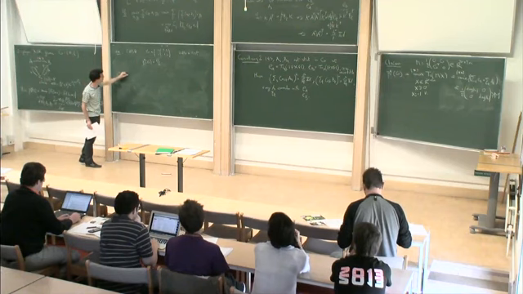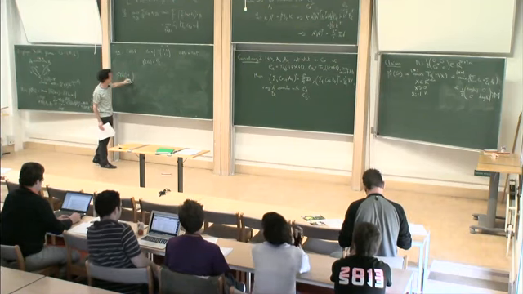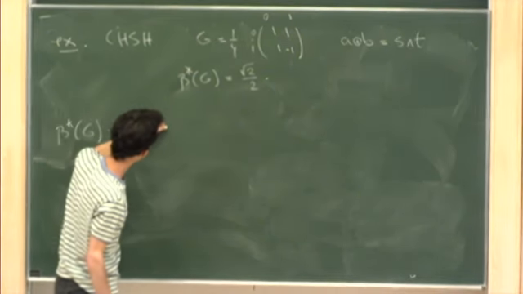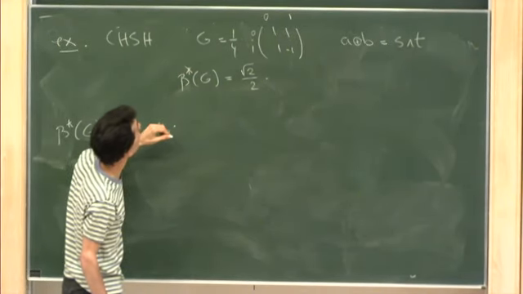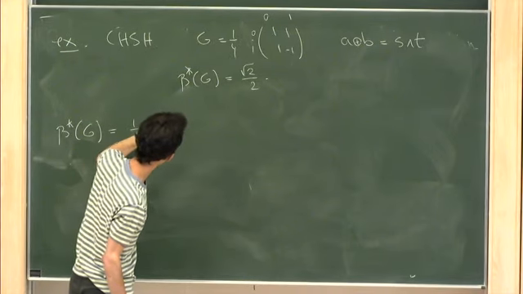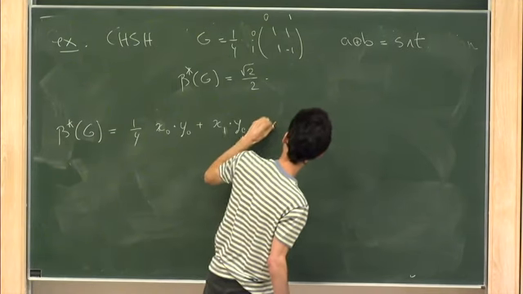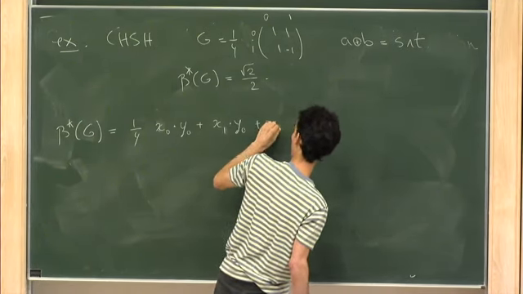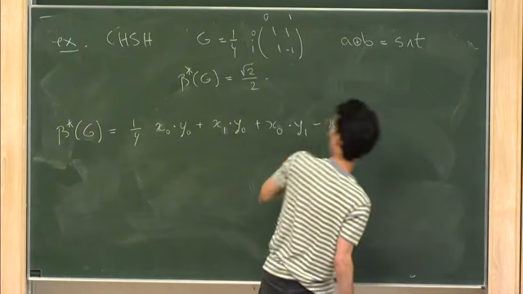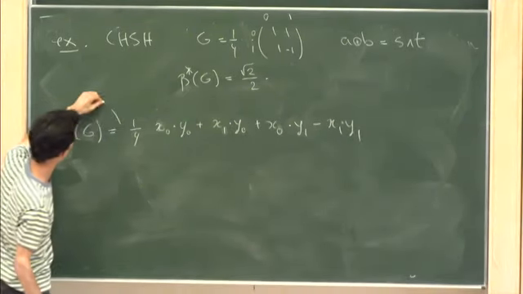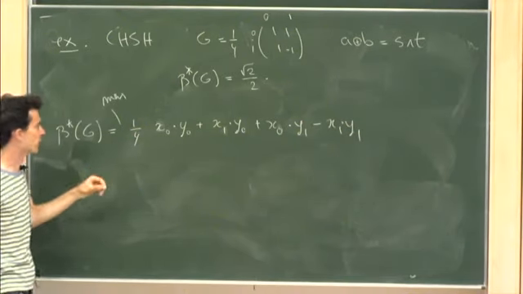So the bias of the game I can rewrite as a quarter. This is just the coefficient here. I sum over all S and T of the coefficient a quarter times the inner products of the vectors, right? So I'll get x0 dot y0 plus x1 dot y0 plus x0 dot y1 minus x1 dot y1, maximum over unit vectors of all this.